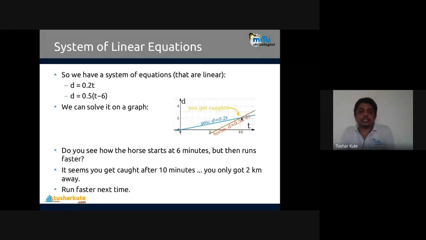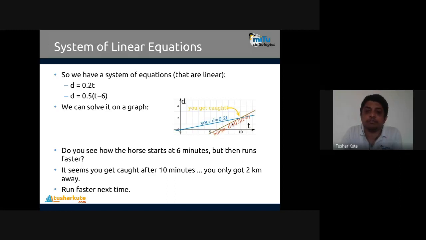Yes, you can see the horse starts 6 minutes later but then runs faster. It seems you get caught after 10 minutes and you got only 2 kilometers away. You can identify that, just look at it here. We started from 0, the horse started from 6 here, from here it started, and its speed is higher.